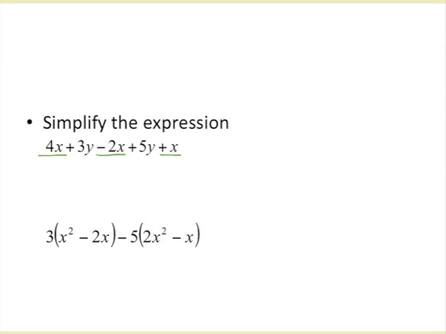Remember, signs attach themselves to the number that follows it, so that's a negative 2x. So I'm going to do a 4x plus negative 2x plus 1x gives me 3x's. And then our y's, we have 3y and 5y makes 8y. Can't put those together because x's and y's are different.